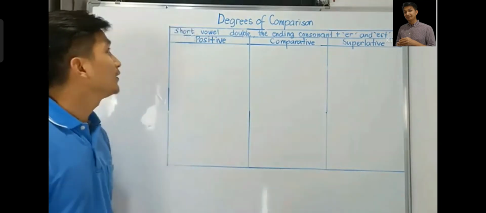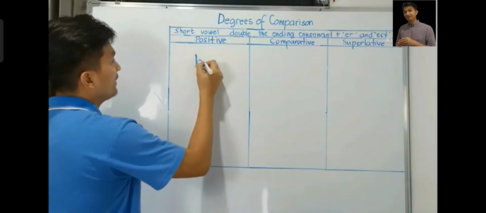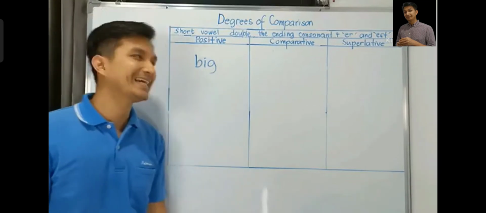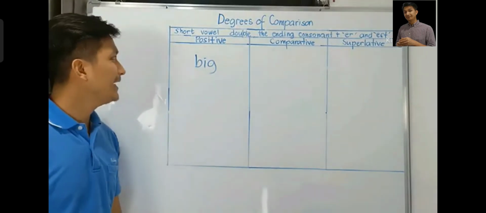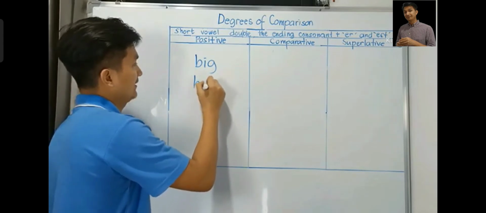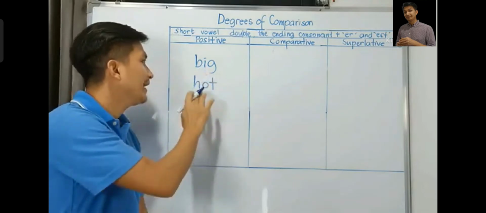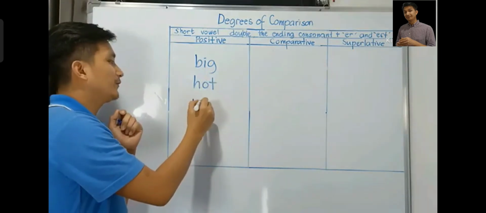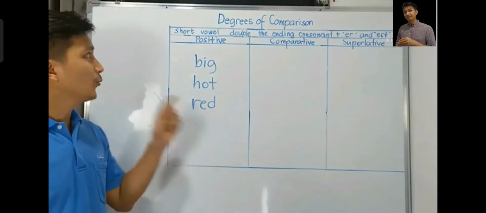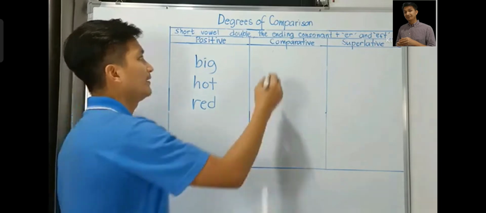So let's think of short vowel, one-syllable adjectives, for example big. The adjective, big. What else? Hot. And another one is red.